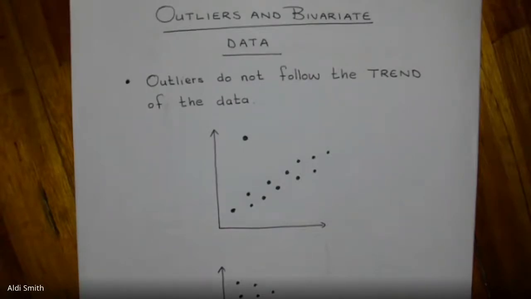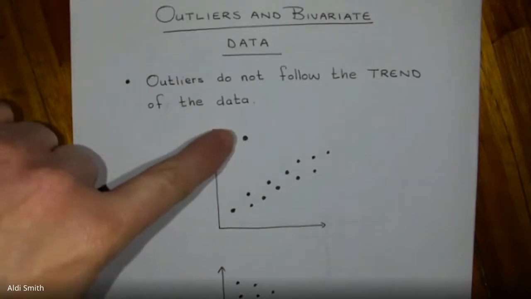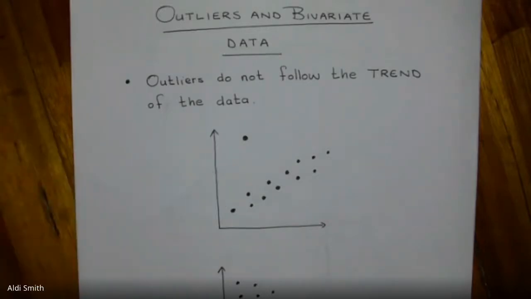Okay. So you can clearly see this is an outlier right there at the top. It does not follow the trend of the data. And that is the exact wording you're going to be using when they ask you to identify an outlier and give a reason why it's an outlier. So the reason is it doesn't follow the trend of the data.